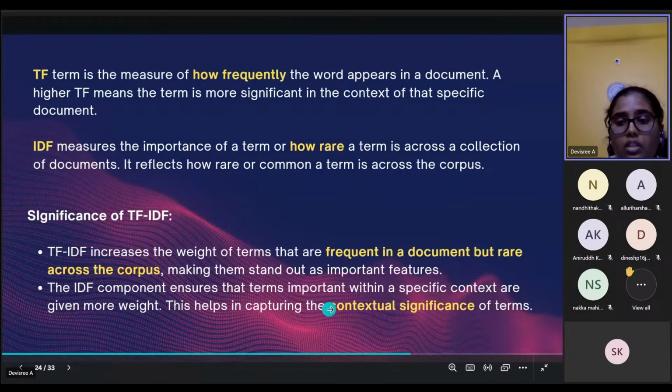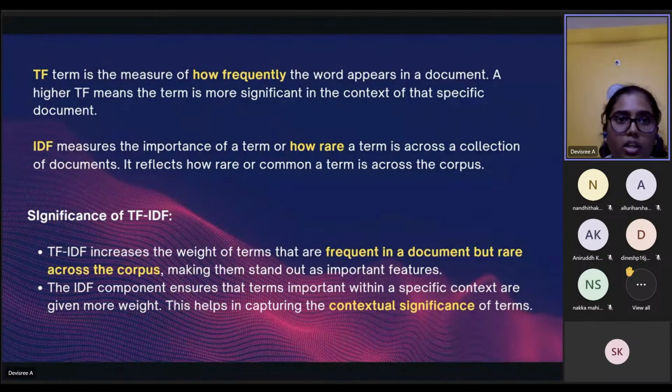So this helps in capturing the contextual significance of the terms, because if a word is frequent in one document and rare across the corpus, that means that word certainly has to do something with that document. It is telling you that this word belongs to only this document, and hence it explains something unique about that document which other documents do not have.